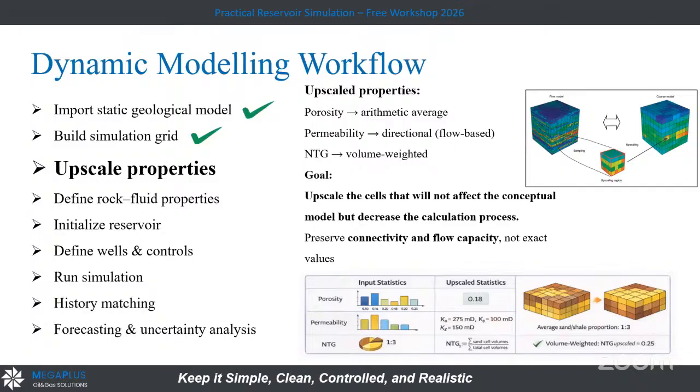So the upscaled cell will not affect the conceptual model, but decreases the calculation process. We have to decrease the calculation process. So the simulator, as you saw yesterday, solves a lot of equations in Kriging and averaging and Gaussian functions. So my rule here is to minimize this calculation.